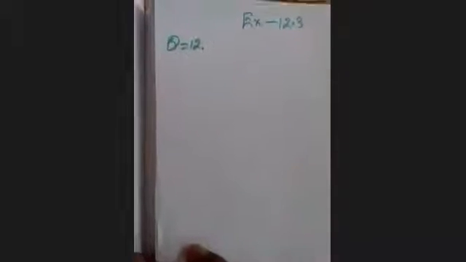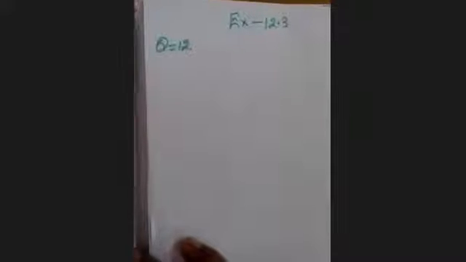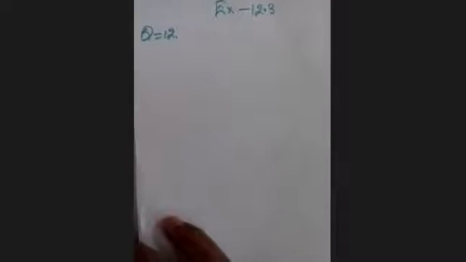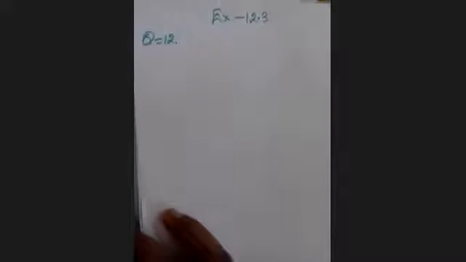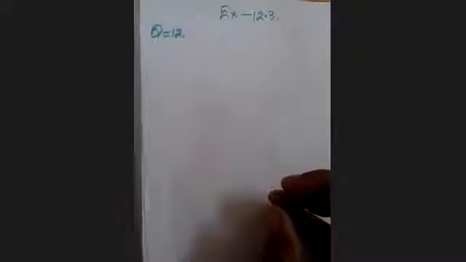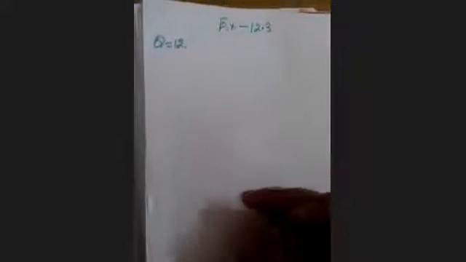A cubical box has height h centimeter. Its length is 5 times the height, and breadth is 10 centimeter less than the length.